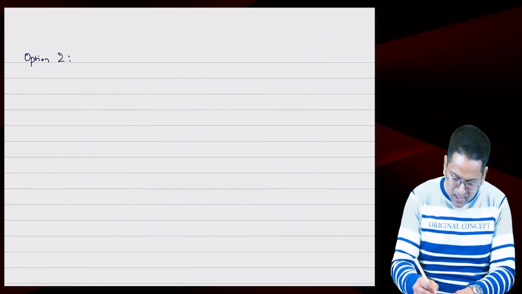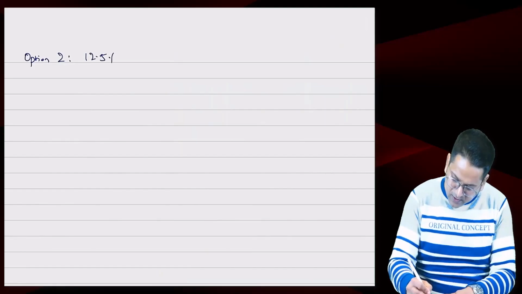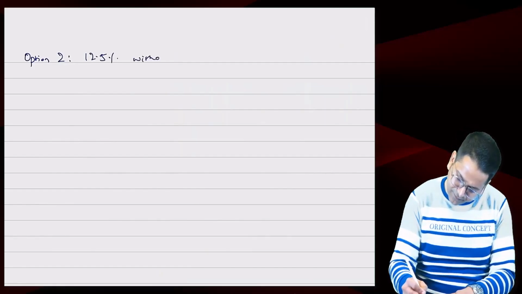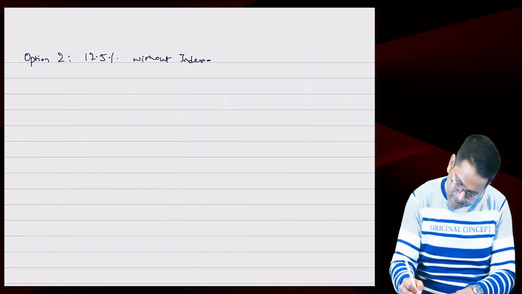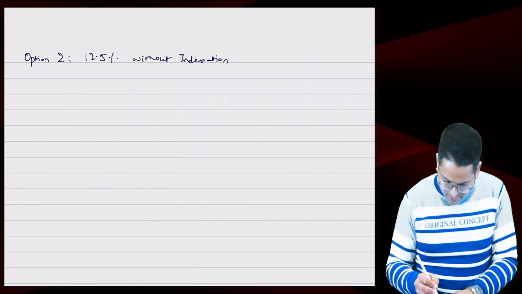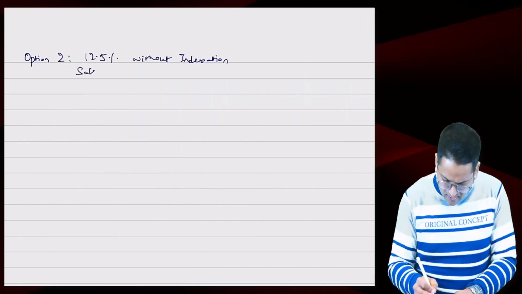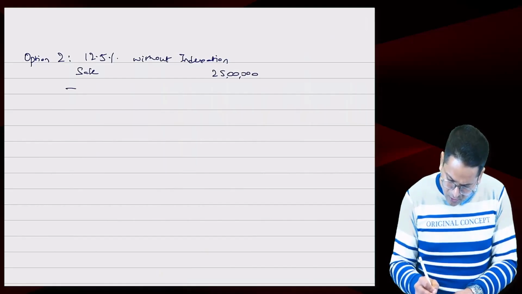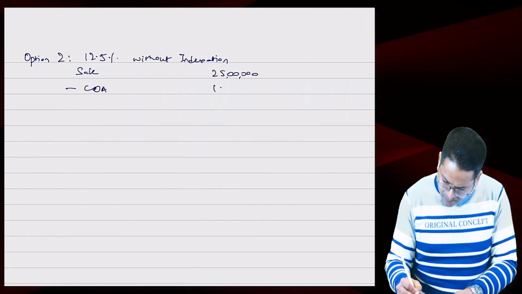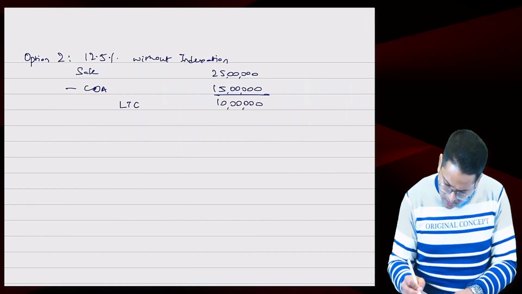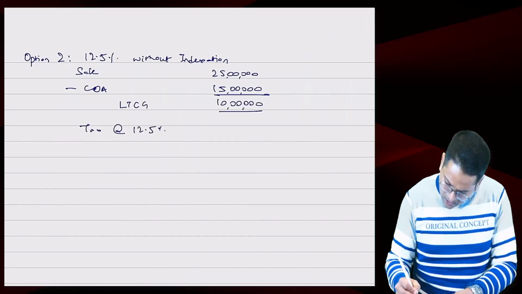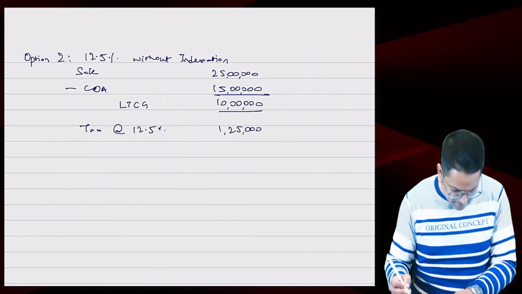So option 2: 12.5% without indexation. Sale, 25 lakhs. From this, the cost of acquisition of 15 lakhs will be deducted. 10 lakh rupees became LTCG, and tax on this at the rate of 12.5% is 1,25,000.